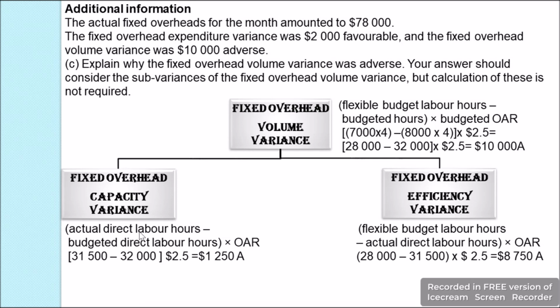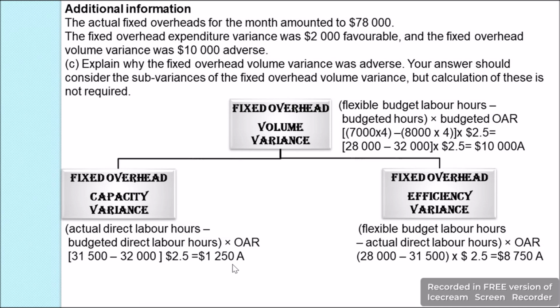So the actual direct labor hours, which was calculated in the third bit of the question, was 31,500 hours, and the budgeted direct labor hours was 32,000 hours. So when we subtract this, we get minus 500 and we multiply it with $2.50 and we get minus $1,250.